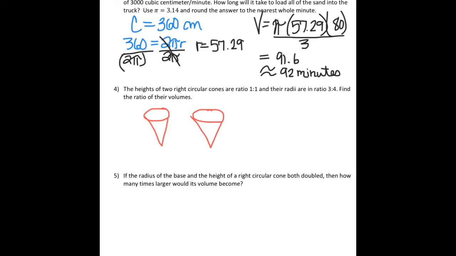So let's say that this has a height of 3, and let's say that this one has a height of 3. It says that their radii are in the ratio of 3 to 4. Does that make sense? If the height is in a ratio of 1 to 1, it means that they're equivalent to each other.